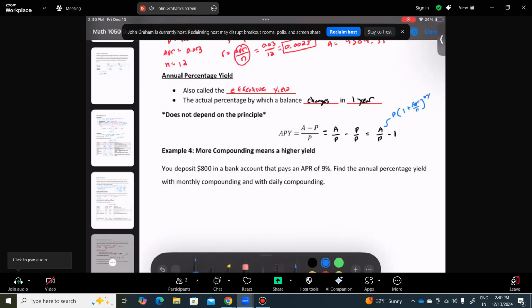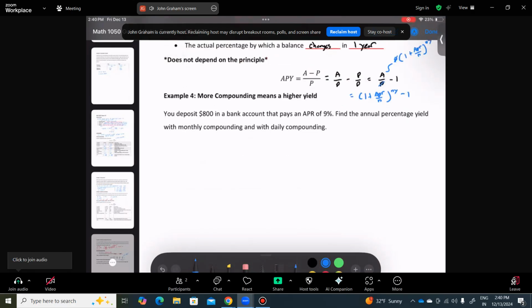And so the principal can divide out. And so you find out that it really doesn't matter what you invest. An account can have a specific yield percentage-wise no matter what you invest. And so you end up with 1 plus APR over n, to the ny, minus 1. This P cancels with that principal.